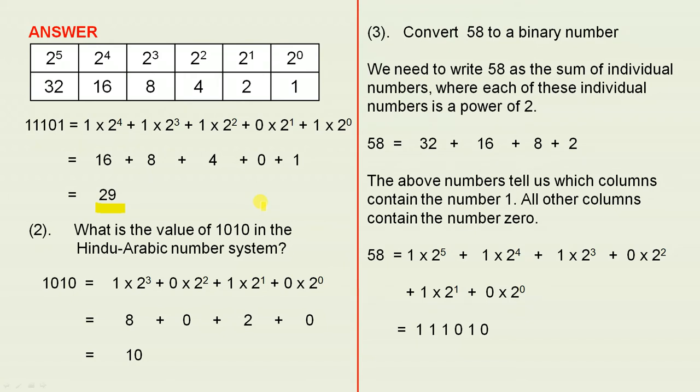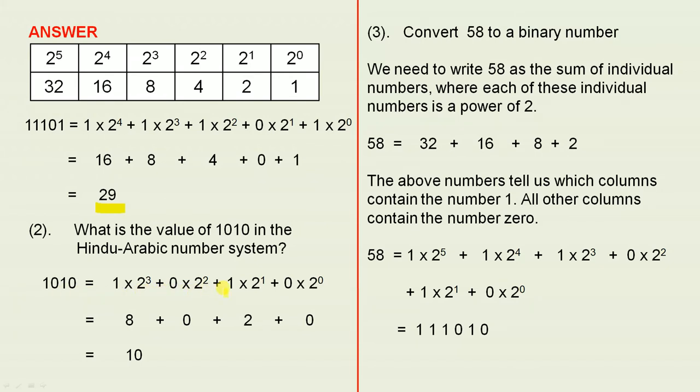What is the value of 1010 in the Hindu-Arabic number system? So 1010, we have 4 digits. So this is how we check: 1, 2, 3, 4. We have to start in that column, so that's the far left number. So this 1 is actually 1 times 2 cubed. That 0 is 0 times 2 squared.